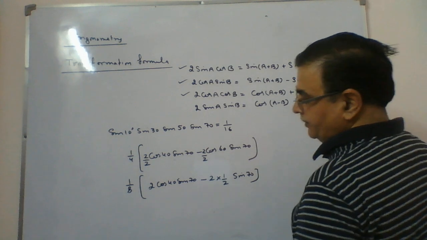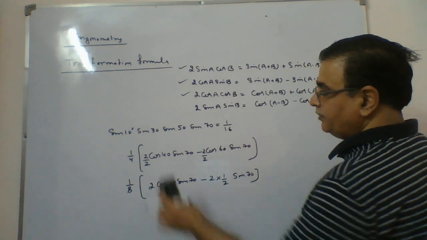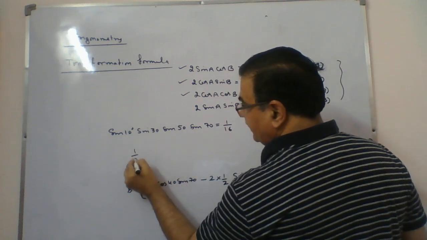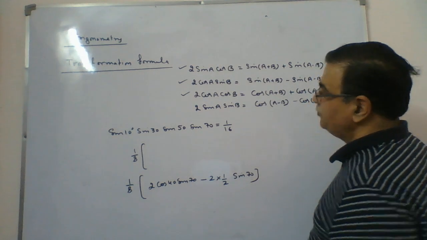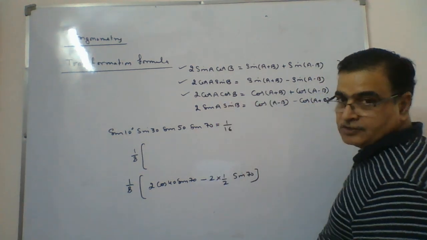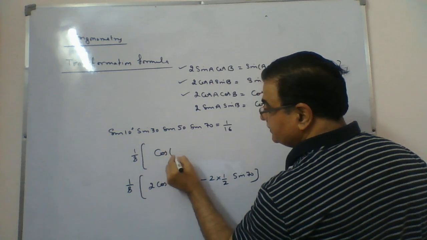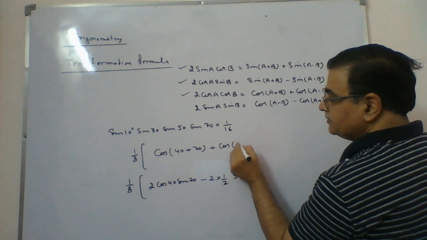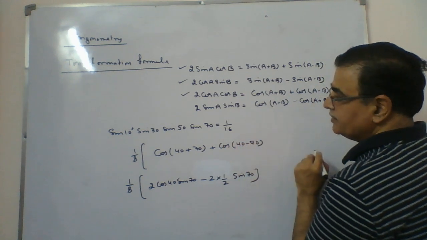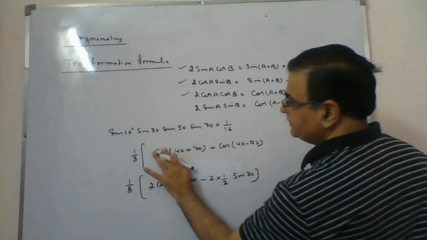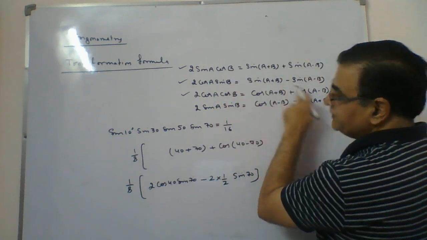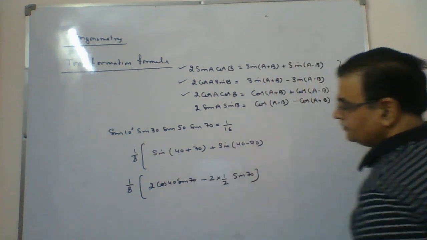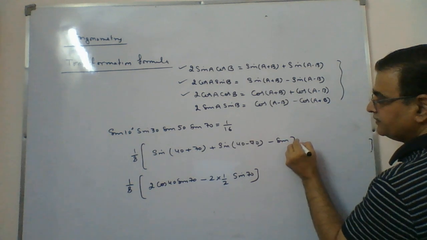So now when you solve it, it will come out to be 2 cos A sine B. We'll solve it now, 1 by 8. 2 cos A sine B is sine A plus B plus sine A minus B. Sorry, sine it is. So it will come out to be sine 40 plus 70, plus sine 40 minus 70, and here left is minus sine 70.